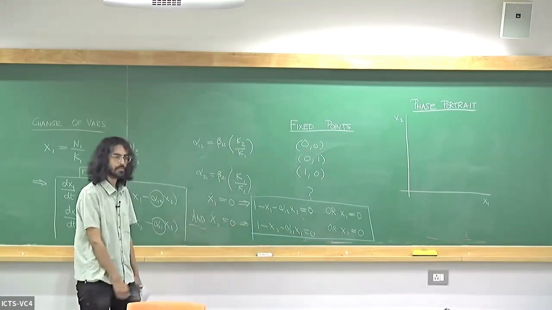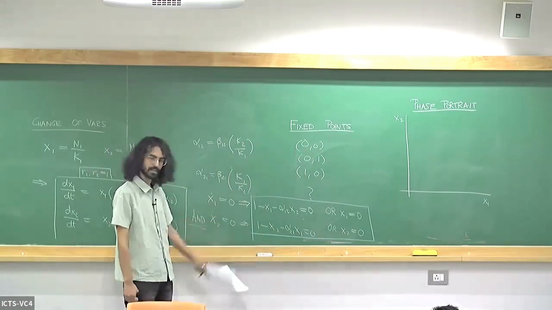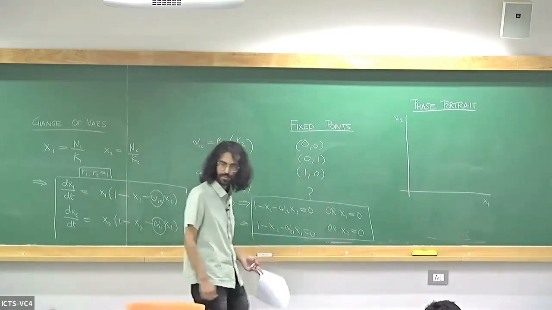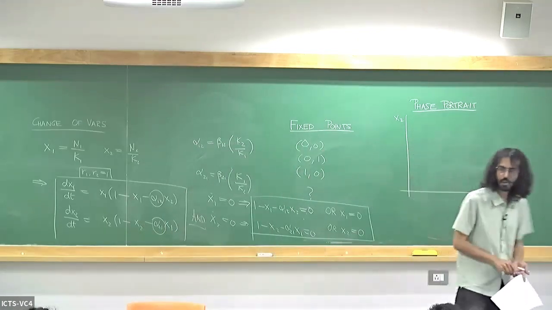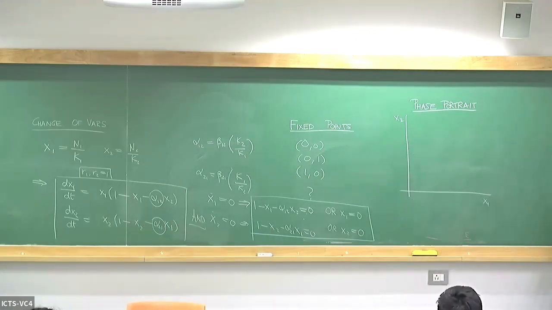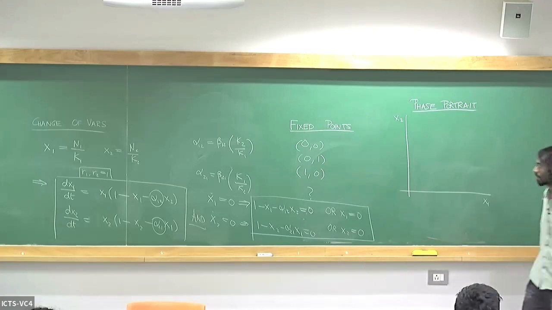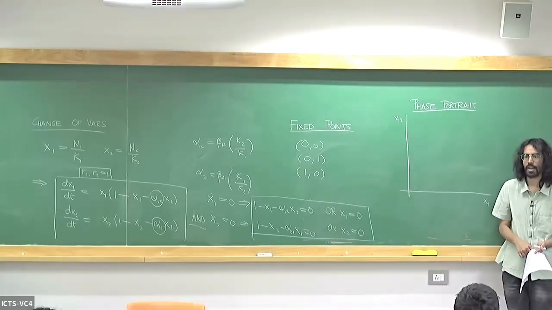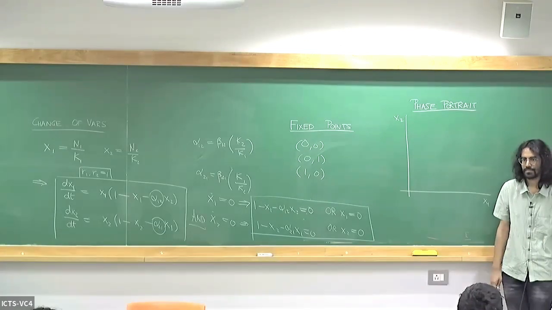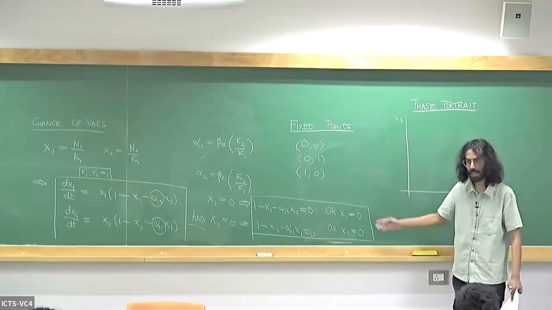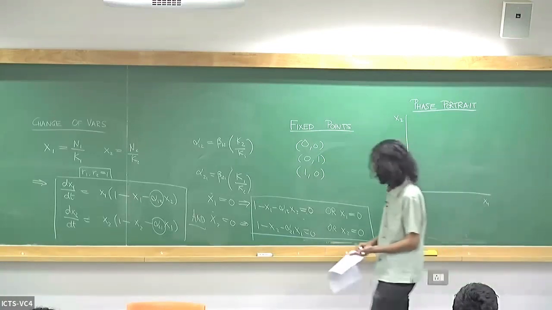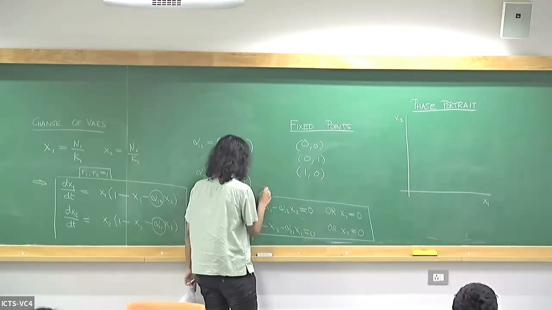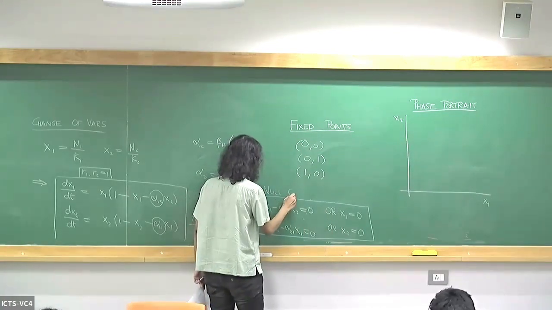And I want to geometrically look at these conditions on this phase portrait. What should I do? I should draw lines. Okay, why should I draw lines? These are equations of lines, right? And in principle, these are some special lines. They're called nullclines.